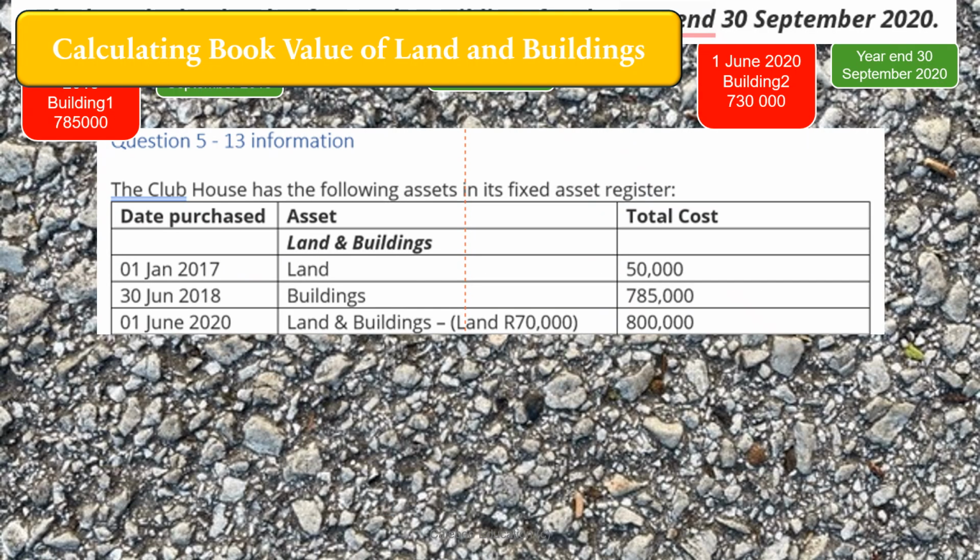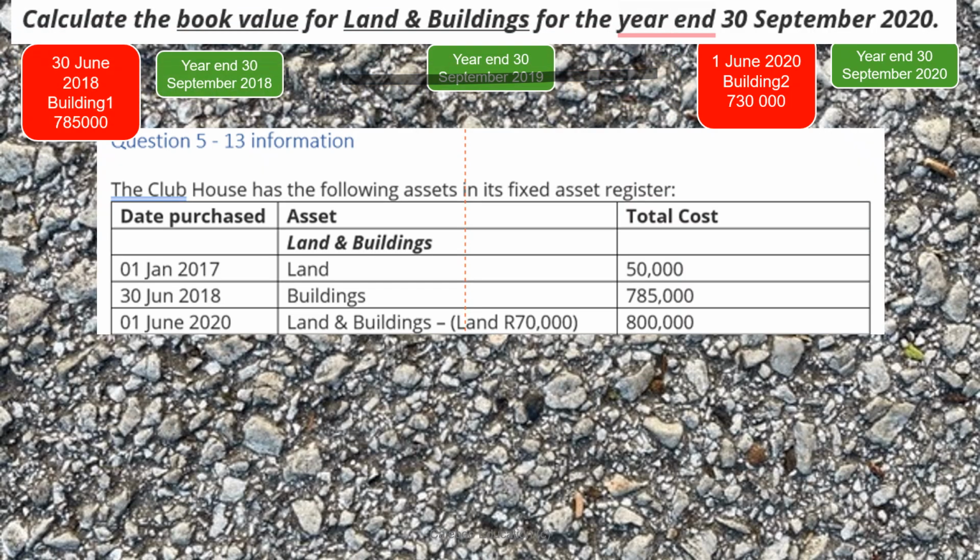Right, calculating the book value of land and buildings. Okay, this is coming from the same information as what we just dealt with. We want the book value of land and buildings. It says calculate the book value of land and buildings at this date, 30th of September 2020.